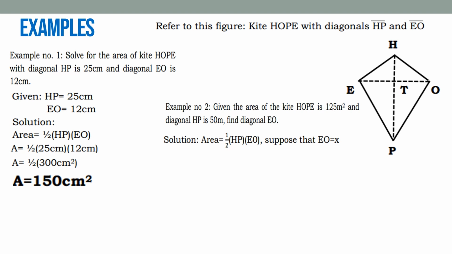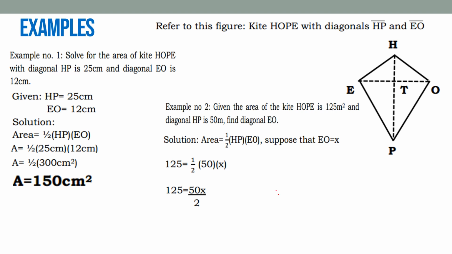Suppose that EO is equal to x, then 125 equals 1/2 times 50 times x. 125 will be the area and 50 will be the length of HP. 125 equals 50x over 2.